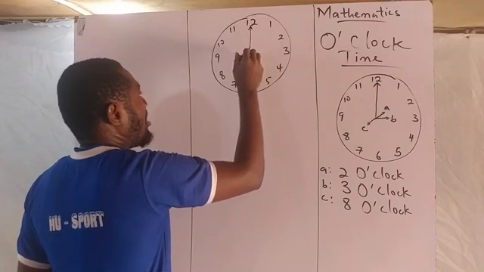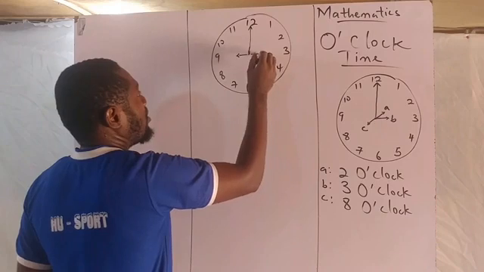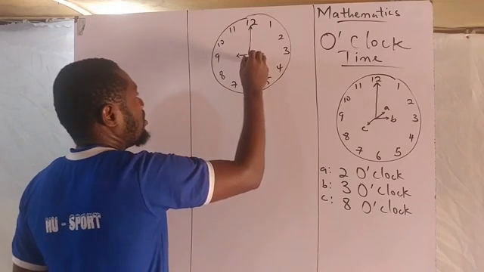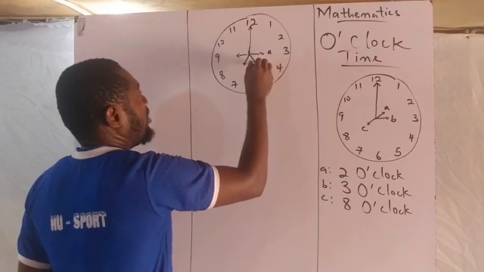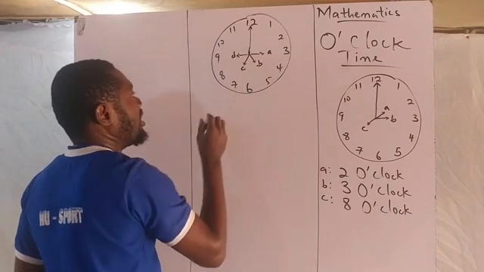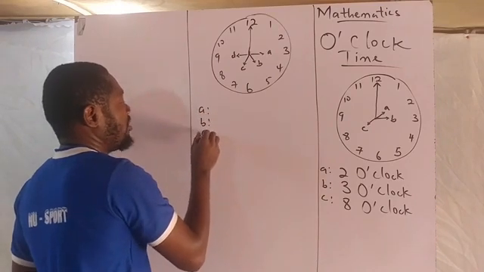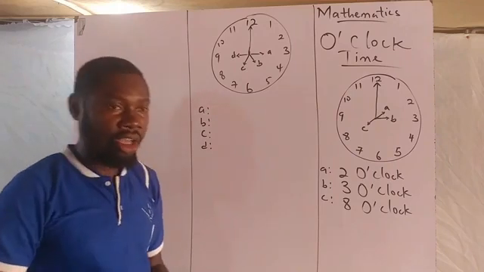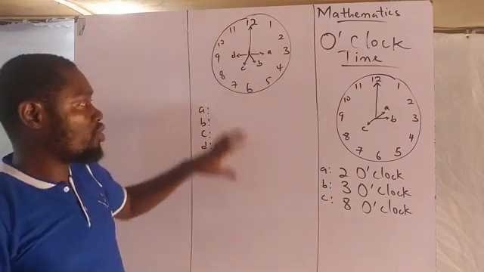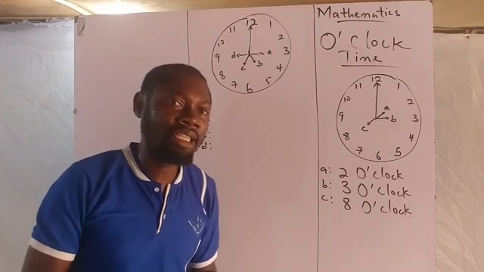The o'clock time is what we are doing. A, B, C, and D. Tell me the time for A, for B, for C, for D. You are reading the o'clock time. So carefully go through this work yourself and get the right answers, then forward your answers to me.